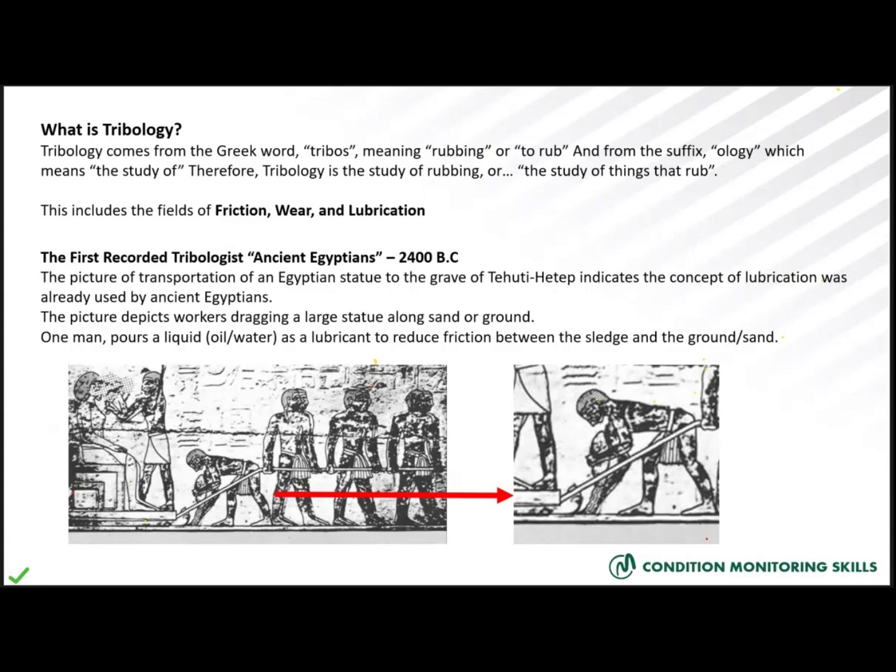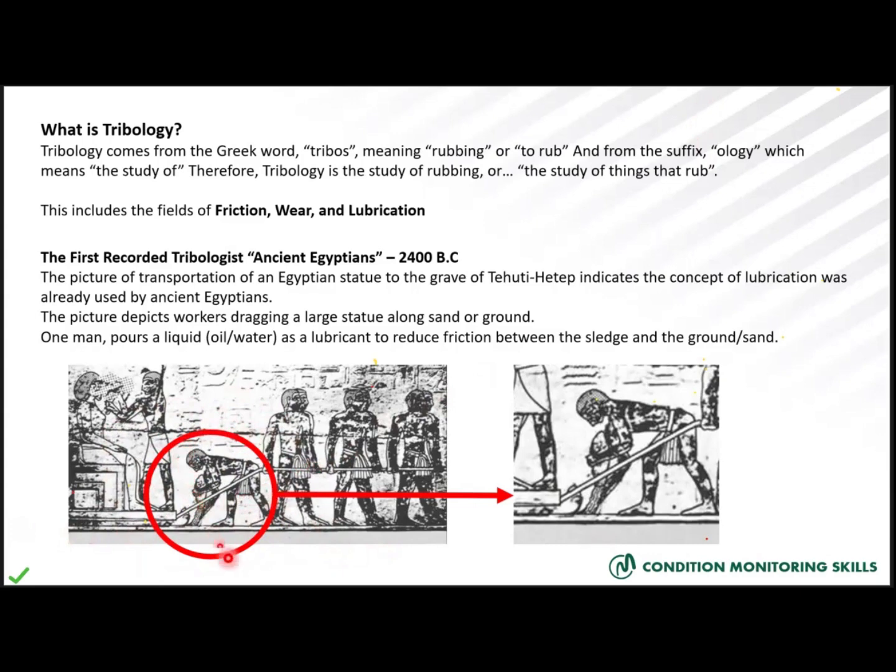The first recorded tribologists in human history are the ancient Egyptians. As you can see in this picture, which was found on the grave of Tahuti Hetep, an ancient Egyptian, the concept of lubrication was already used by the ancient Egyptians. The picture shows workers dragging a large statue along sand or ground.